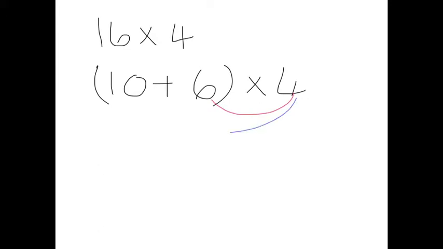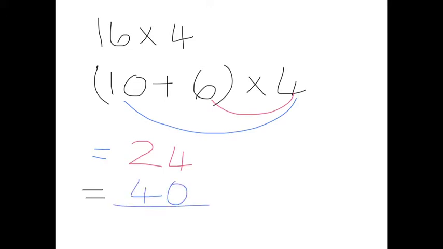Then we would go 4 times 10, and we would get our answer, and then we would take our two answers and add them together. So, in other words, 6 times 4 would be 24, and we'd have 4 times 10, which would be 40. And when we added them together, we would get 64.